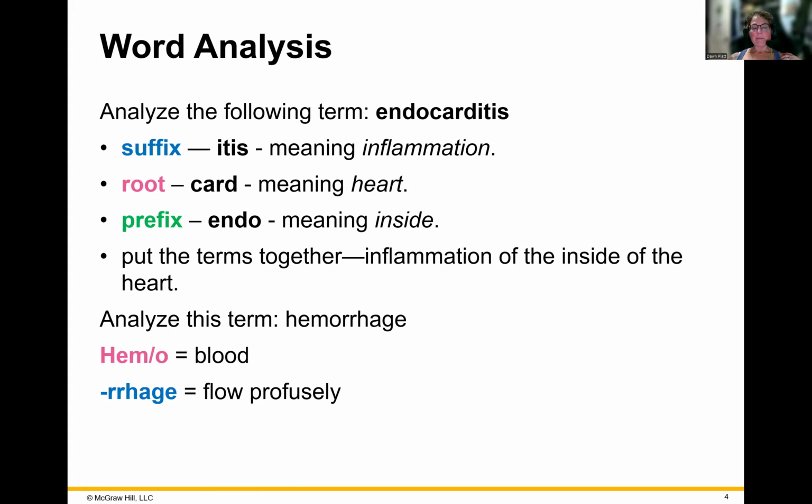Heme means blood. Hemo still means blood. It just has an O attached to it. So when it's put with rage, it actually is pronounced hemorrhage and not hemo-rage. So hemorrhage, starting with that suffix and going to that root word, means flowing profusely of blood. It just means you're bleeding out a lot.